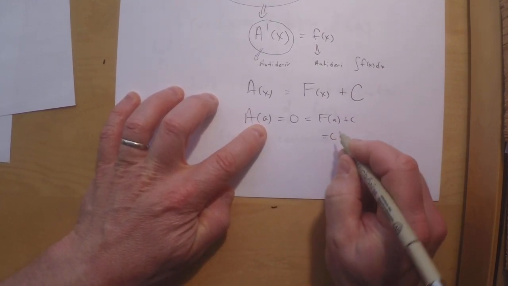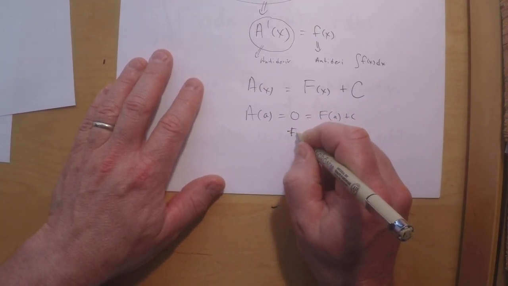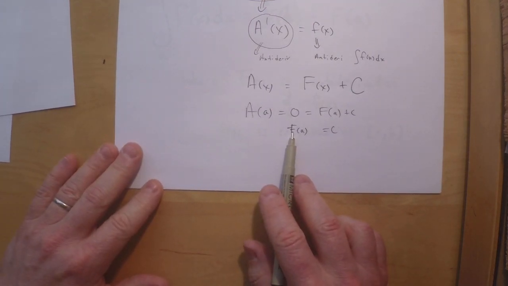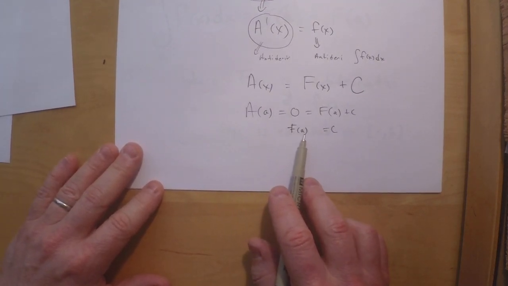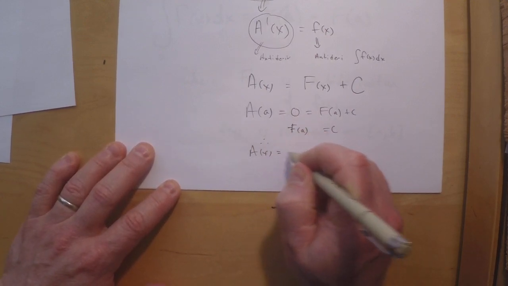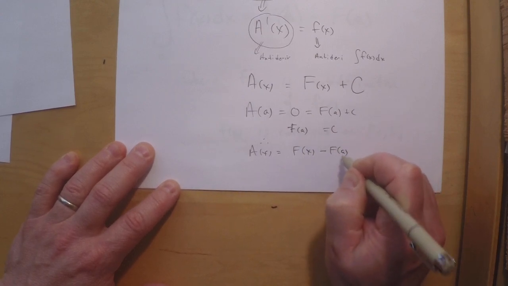I can solve this for C. C equals negative big F of a, which means the negative antiderivative evaluated at a. So therefore, A of x equals big F of x minus big F of a.